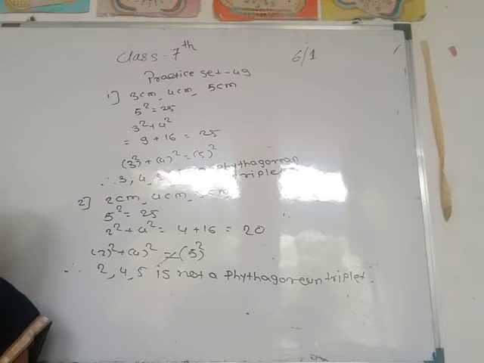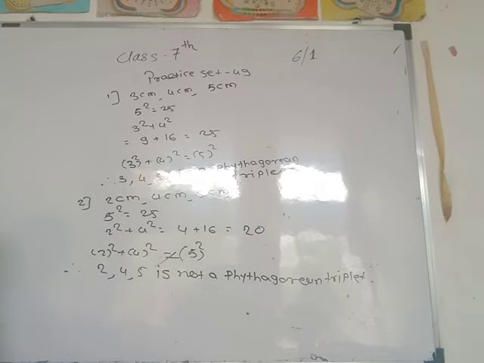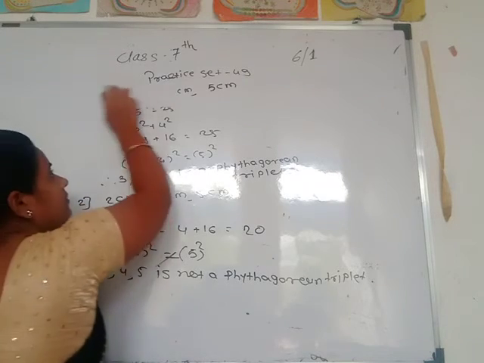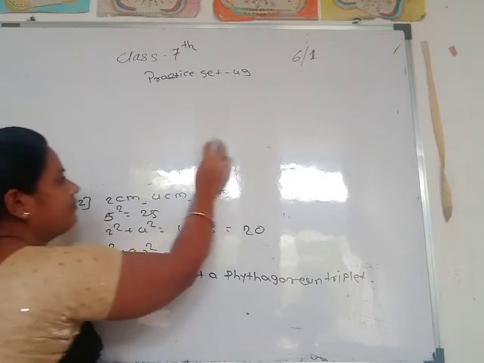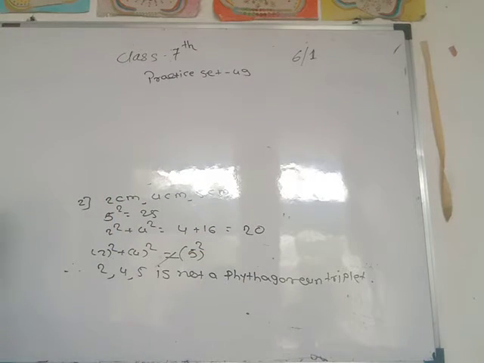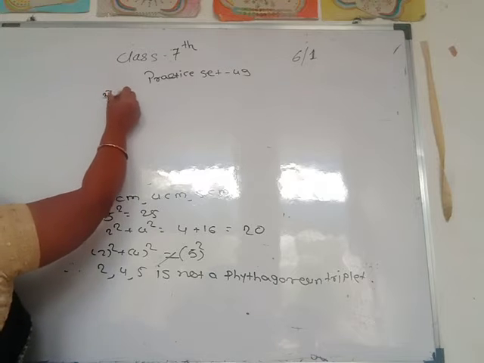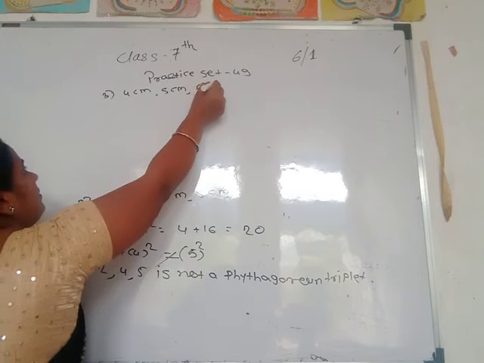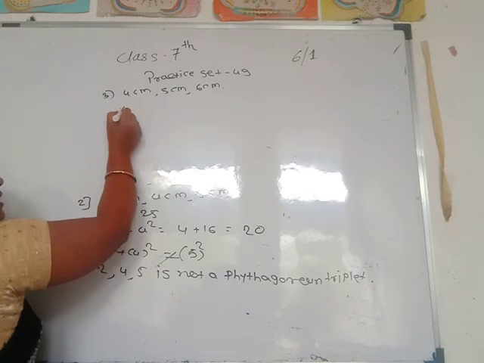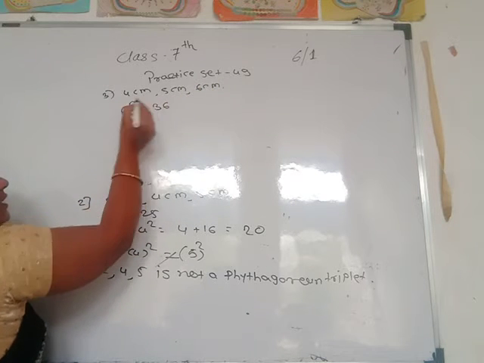Third one: 4 centimeter, 5 centimeter and 6 centimeter. The biggest number is 6. Then 6 squared is equal to 36.